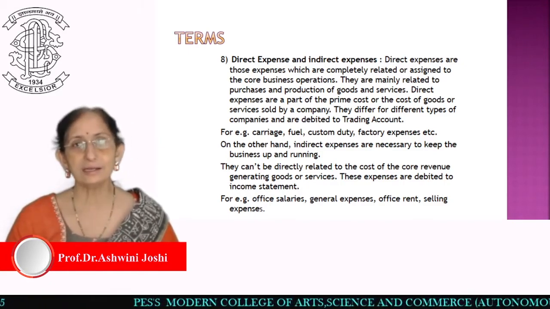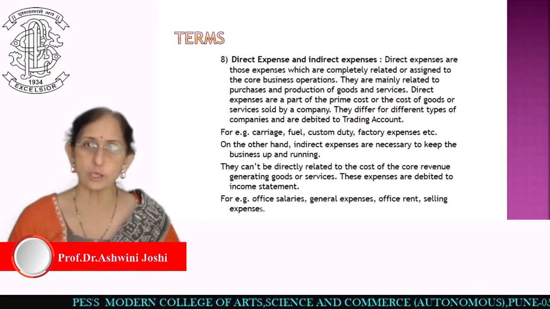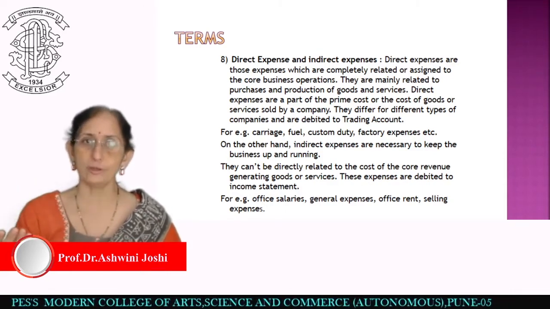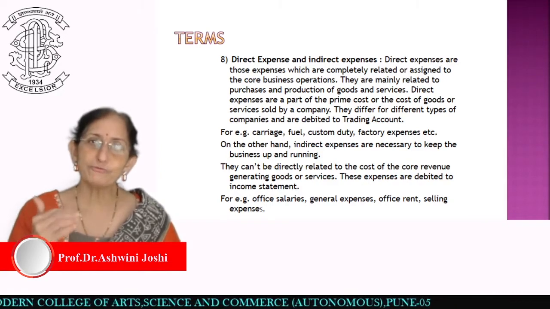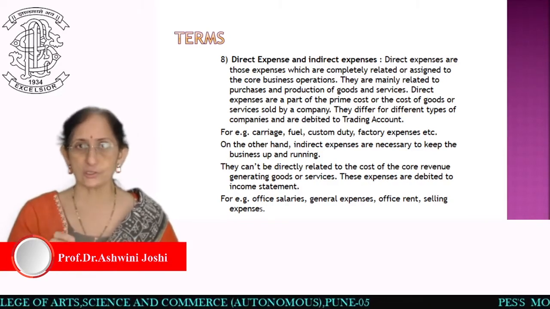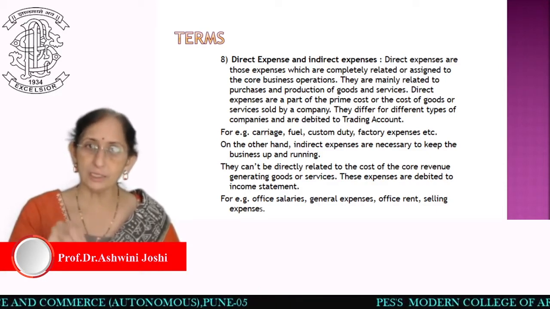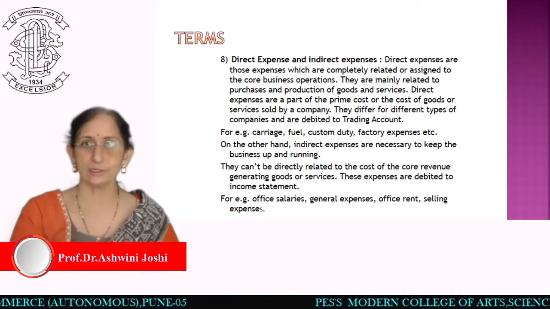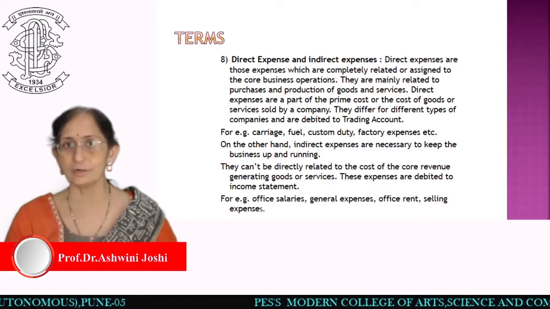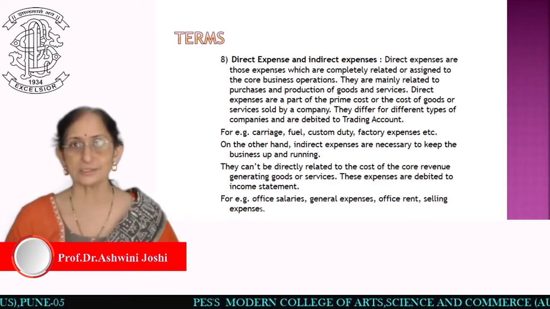So what are we deducting? We are deducting the cost of the goods which are sold. So in order to find out the cost of production, whatever expenses we incur for the actual production will all be covered in the concept of direct expenses.